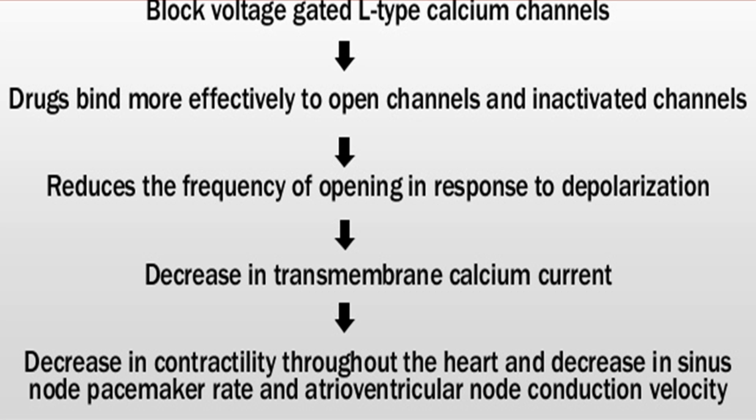So calcium channel blockers block voltage-gated L-type channels, and these drugs bind more effectively to open channels and inactivated channels, thereby reducing their frequency in response to depolarization, ultimately causing a decrease in transmembrane calcium current, and this causes a decrease in contractility throughout the heart and a decrease in sinus node pacemaker rate and AV nodal conduction.